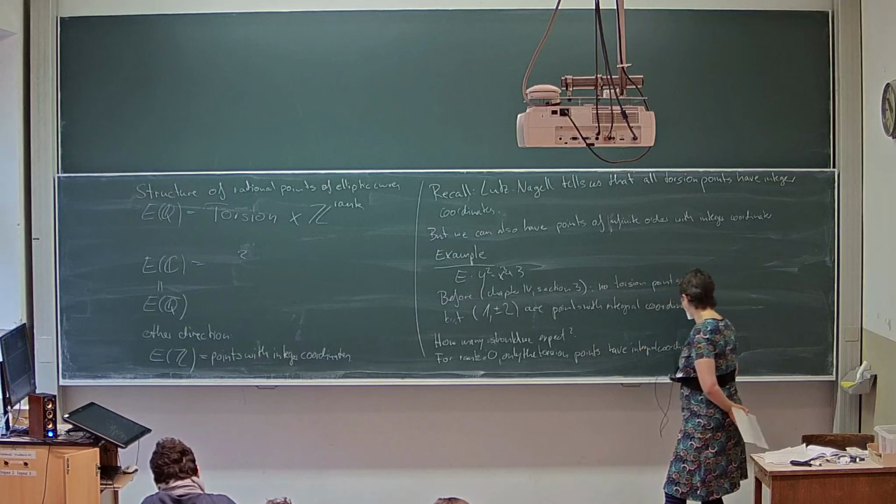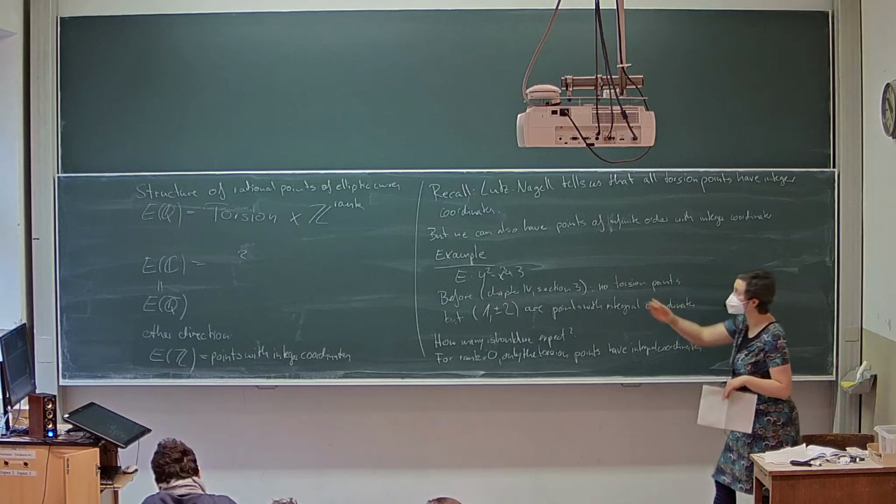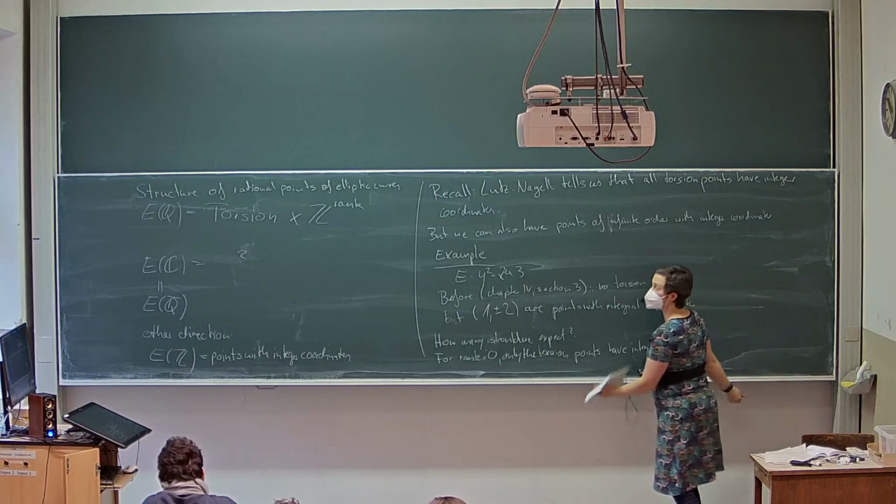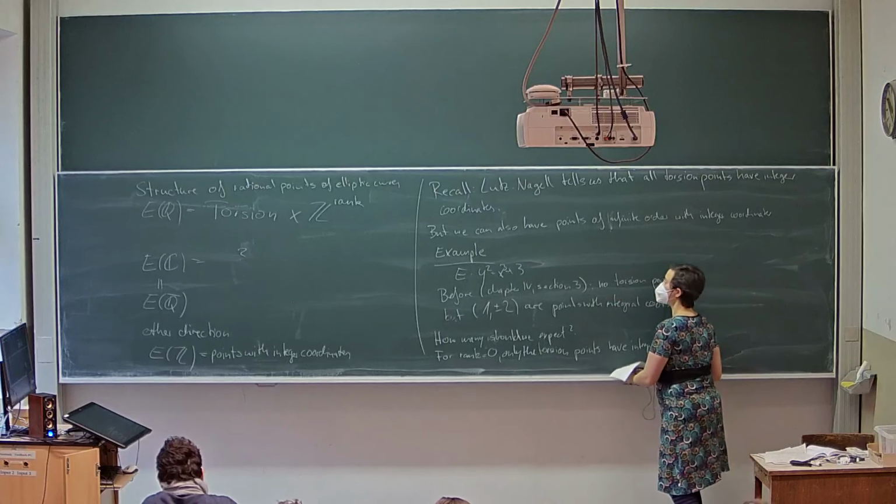So it makes sense to only look at curves where we have infinitely many rational points, so where the rank is at least 1.